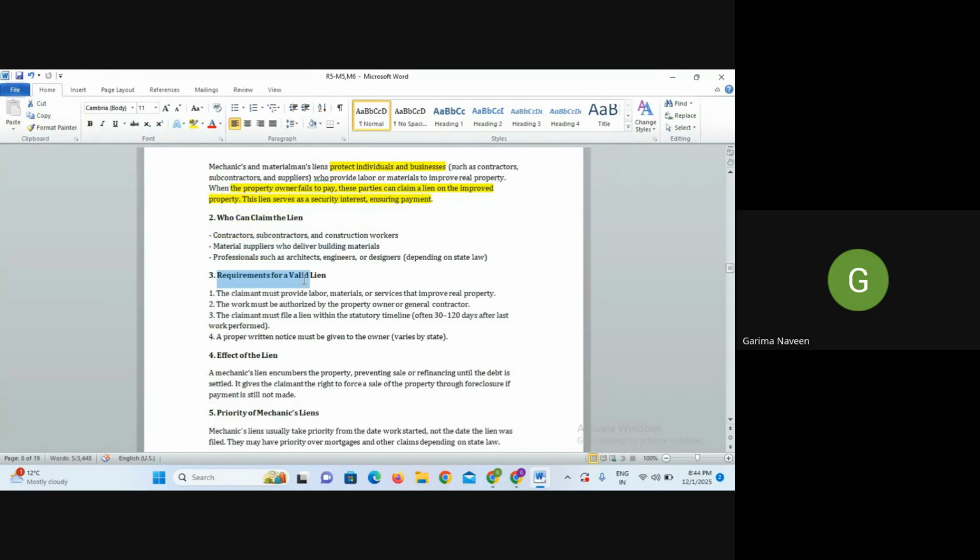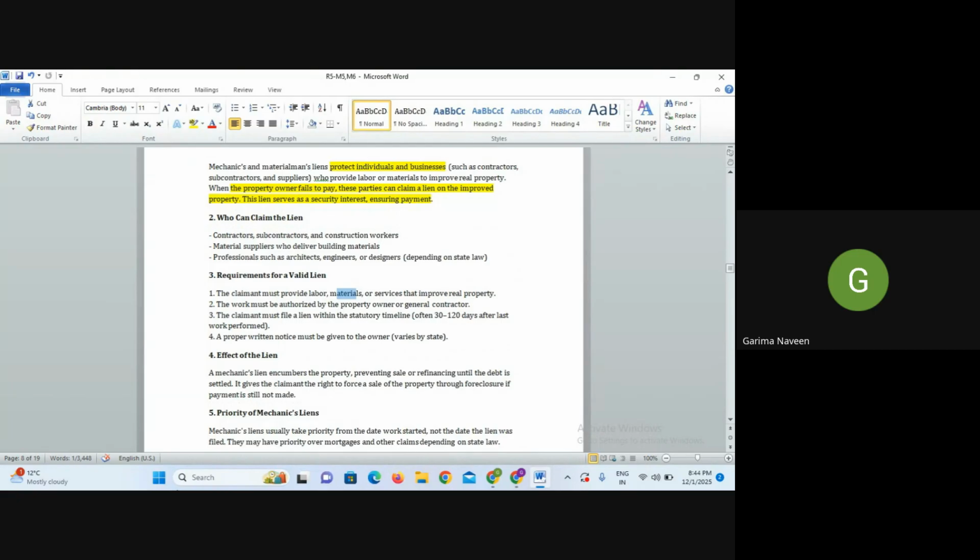What are the requirements for a valid lien? For the lien to be valid, first, the claimant must provide labor, material, or services that improve the real property. Okay, so not just anyone can claim on the property. The person who is actually providing labor or material or services has the right.